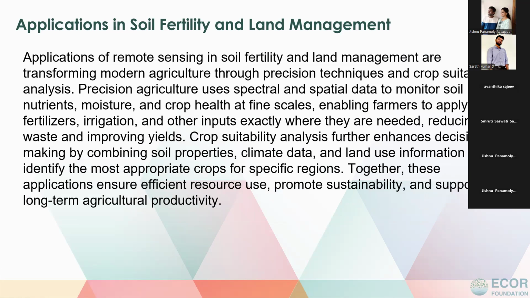Remote sensing supports precision agriculture, irrigation optimization, crop selection planning, etc. So the farmers can apply the fertilizer, irrigation, or treatment only where it is needed, saving cost and improving yield.